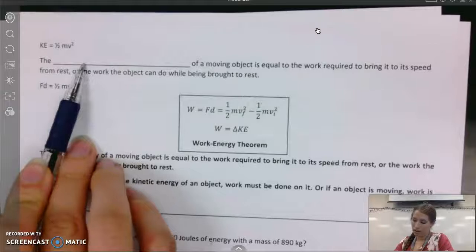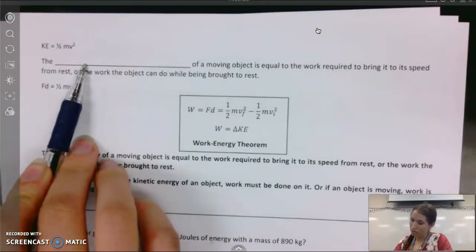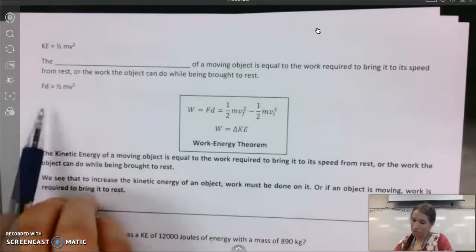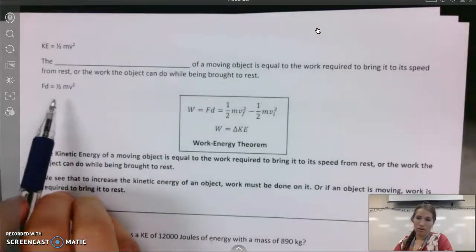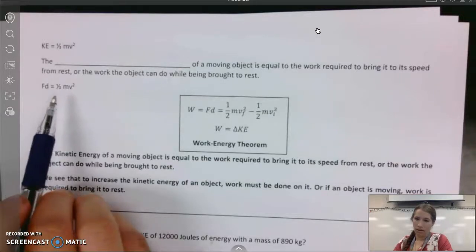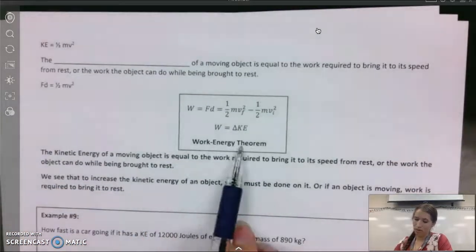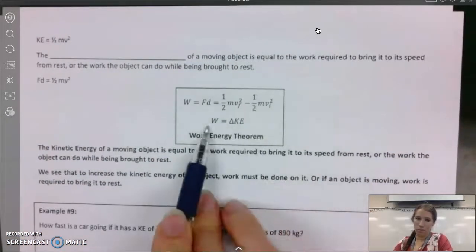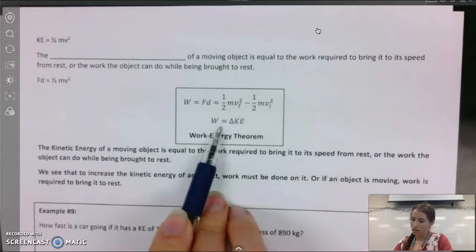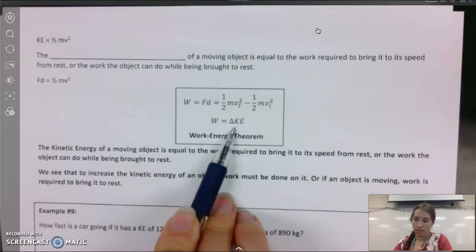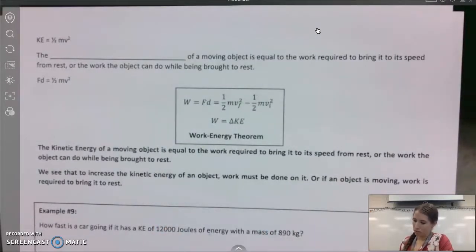The kinetic energy of a moving object is equal to the work required to bring it to that speed. Okay, so what we're saying here is we have this work-energy theorem that whatever work we have will result in an equal change in energy. If we supply work to an object, we increase its energy by the same amount of work that we applied.